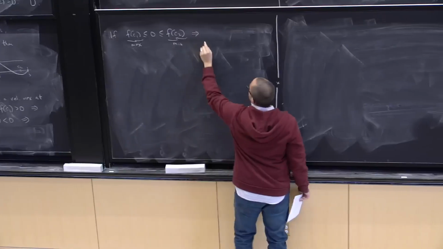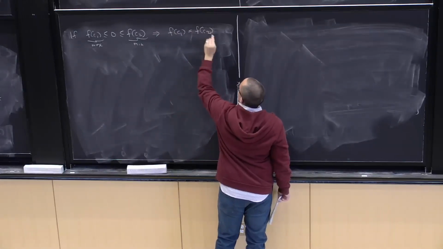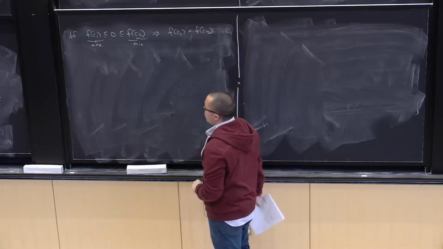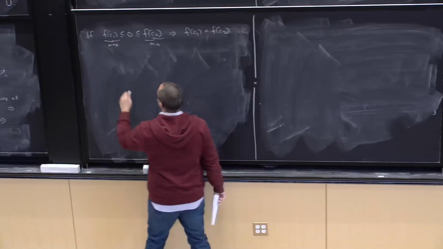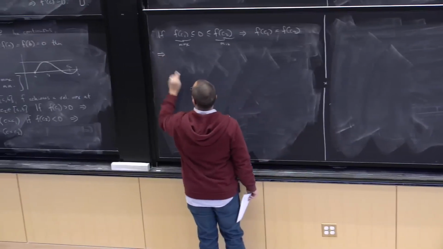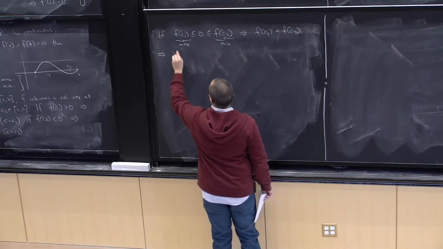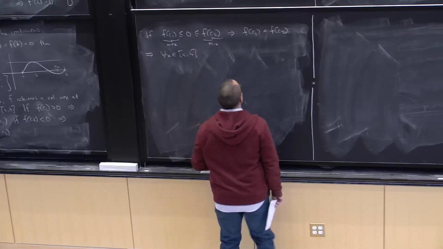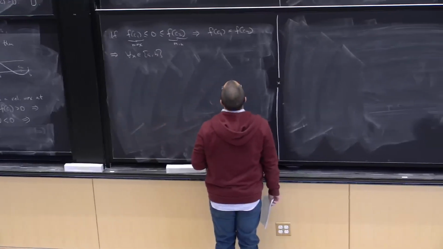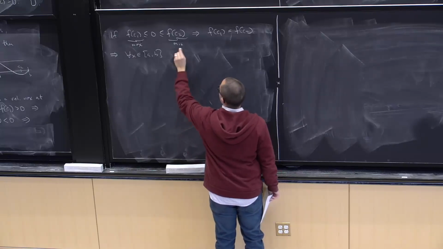So that implies that f of c1 equals f of c2. And therefore, the max and min equal each other, right? Which implies for all x in AB, since f of c1 is the minimum, or f of c2 is the minimum.